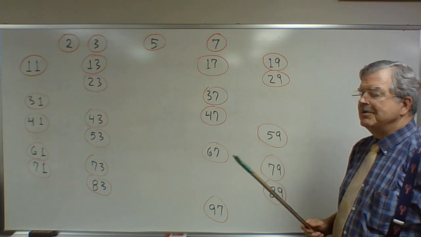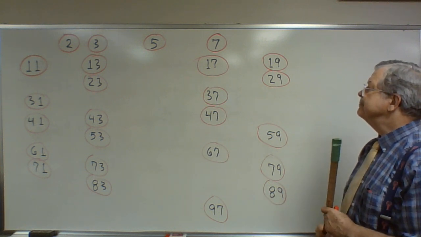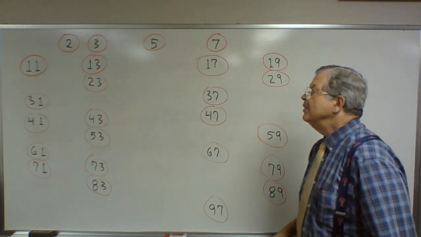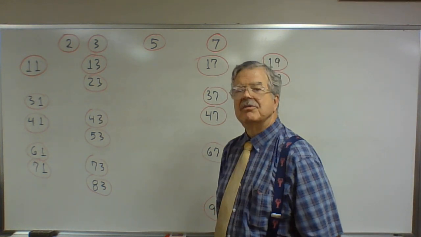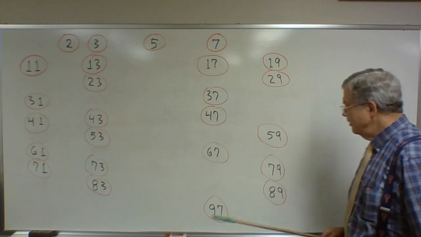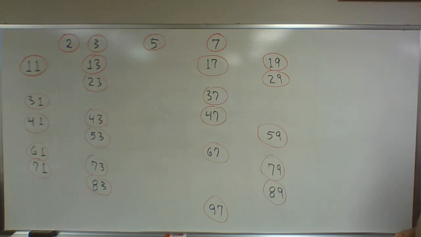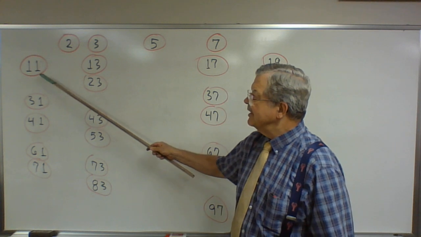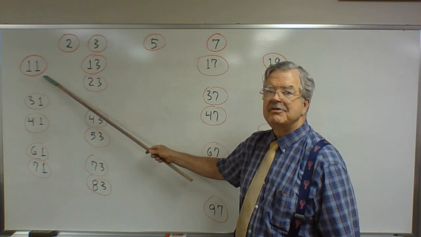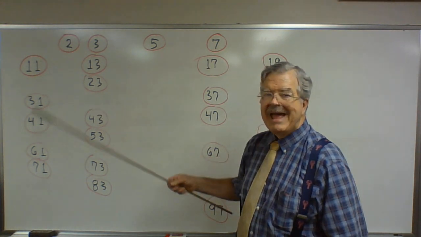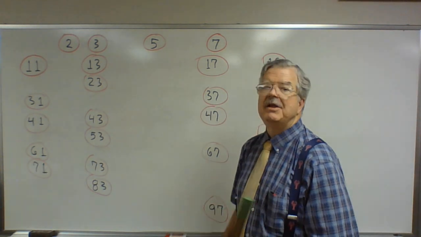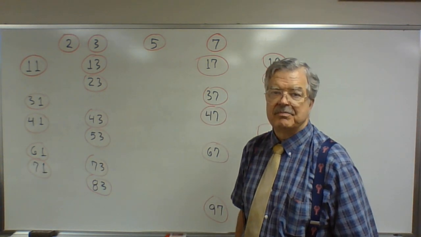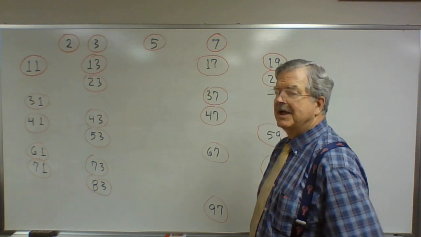Once we get to a prime whose square is larger than the largest number on the original list, the original list went from 1 to 100, once we get to a number whose square is larger than the largest number on the list, every number after that remaining on the list is already prime. We don't have to check anything anymore.